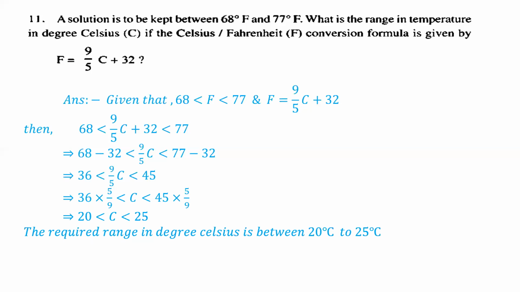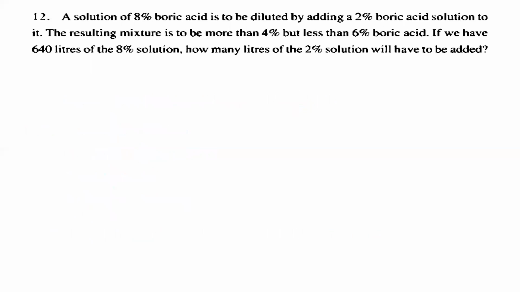Okay. Now, moving to the next question. A solution of 8% boric acid is to be diluted by adding a 2% boric acid solution to it. The resulting mixture is to be more than 4% but less than 6% boric acid.